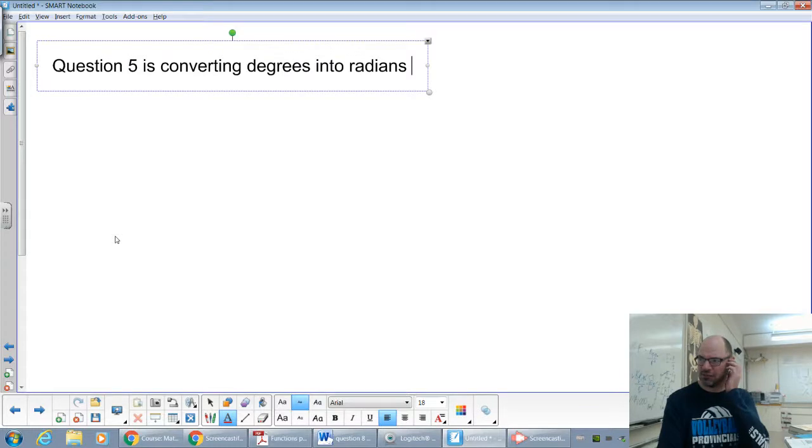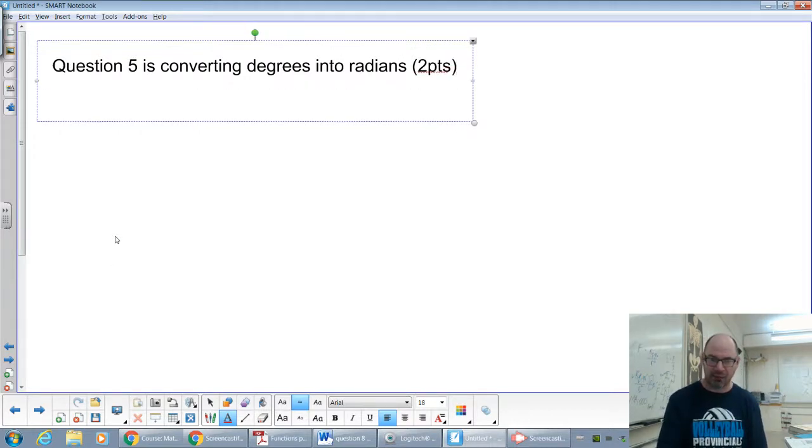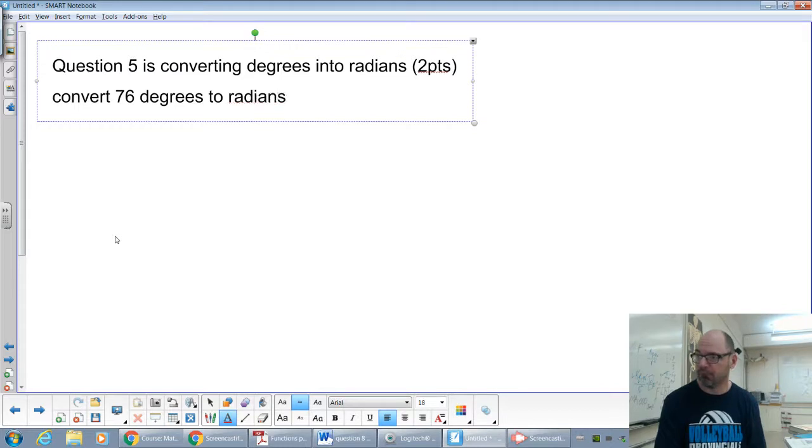Converting degrees into radians. Okay, and that's only 2 points. There's 2 of them, but they're simple. Okay, so an example of that would be convert to radians, say 76 degrees to radians to 3 decimal places.